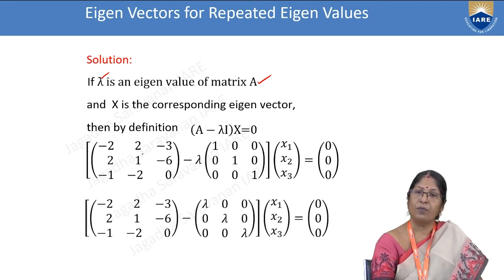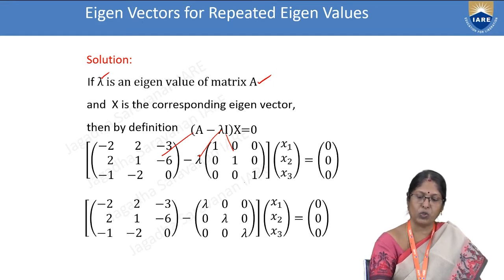So A is written, that is our given problem. The matrix is written, lambda is written as it is. We know this given matrix is a 3 by 3 matrix. That is the reason the identity matrix I is also taken as 3 by 3 order. And capital X is the eigenvector.